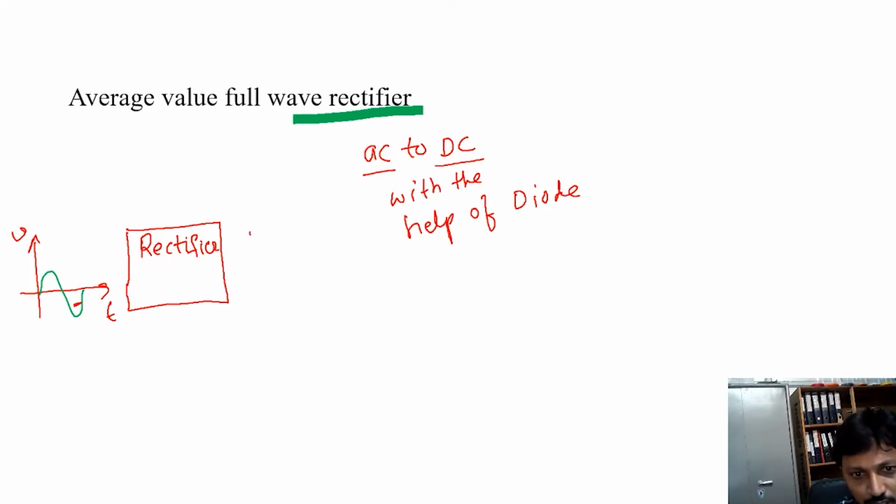Just see here, the current and this voltage. Whatever this cycle is will be flipped, just like this. Now we are interested in finding the average or mean value of this signal. Now I'm going to change the color.